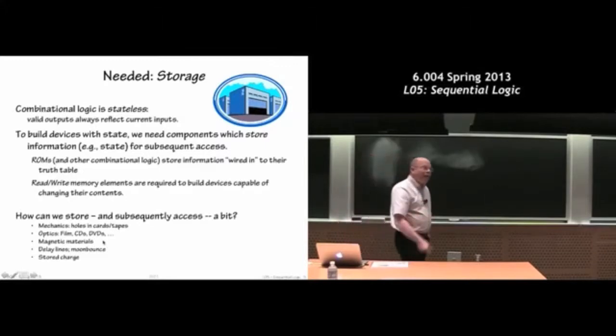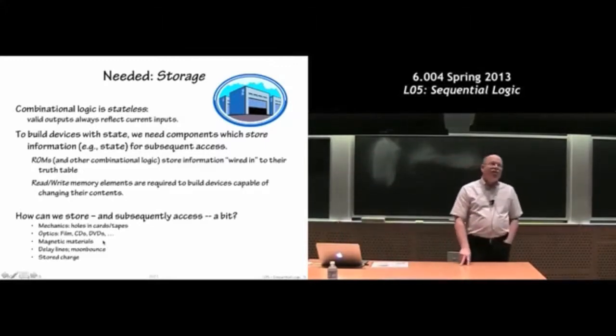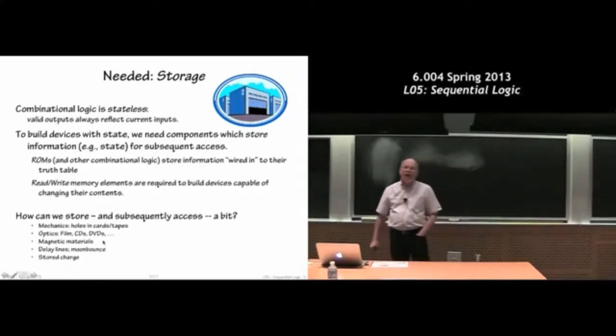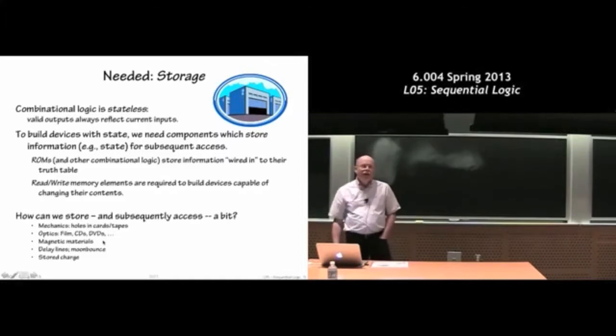More recently, everybody probably has CDs or DVDs at home, and they represent all the digital information about the music or your picture in terms of these little reflective bumps in a mirrored coating, and then we shine a laser on it, and we can detect the presence of the bump or not as the CD spins under the laser head. That's another way of representing information.